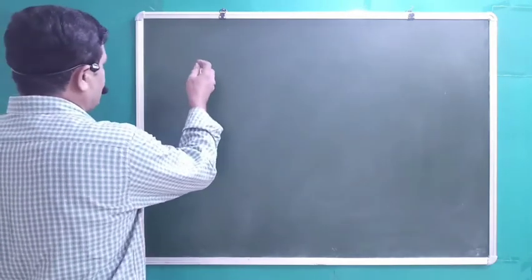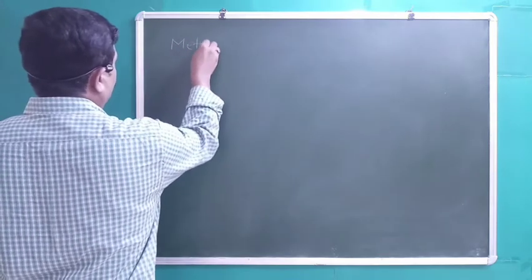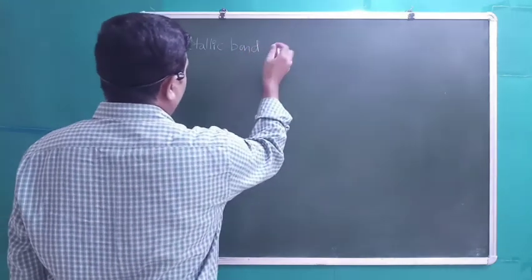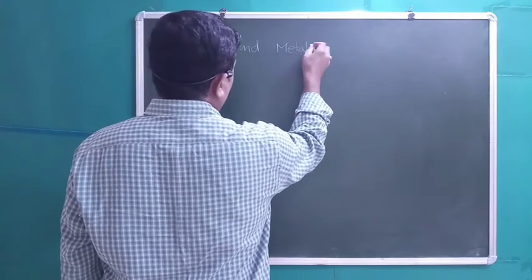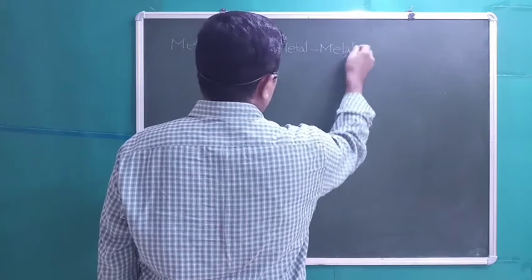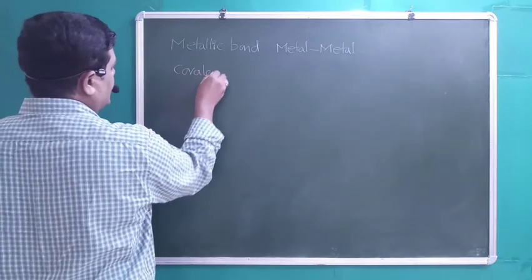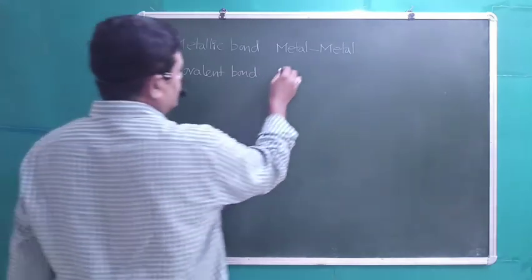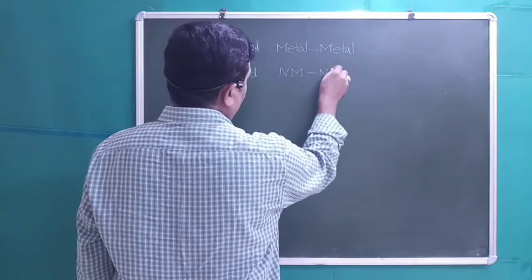Students, in the primary bonds, metallic bond is generally formed between two metals. Metallic bond is a bond between metal and metal. It may be the same kind or a different kind of metal atoms. Bond between two non-metals is a covalent bond.